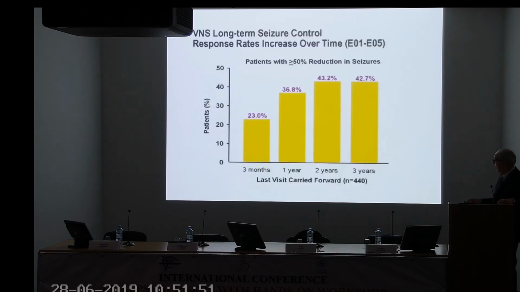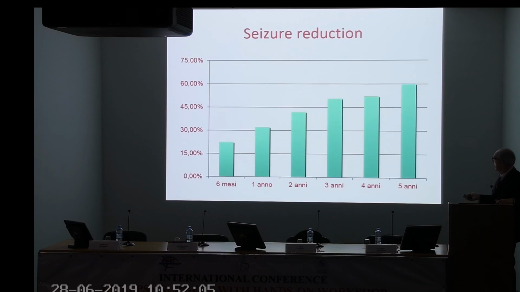So even though in the beginning, 3 months later, you have just one-fourth of the patients responding to this kind of therapy, after 3 years, it's 42% in this study. But in this one, you have more than 50%. And you see, the longer, the better, because neuromodulation takes time to be effective.